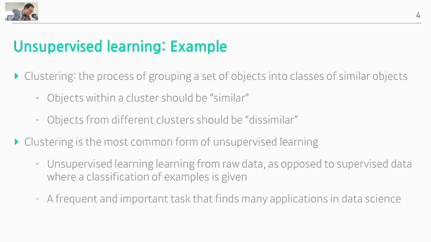But we should define the criteria about the similarity. We need to define how to measure the similarity. When they are similar, it is important to assign the objects into the same cluster.